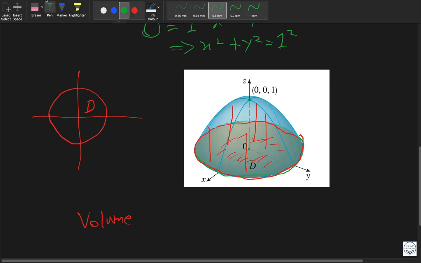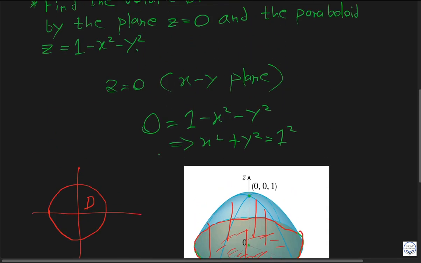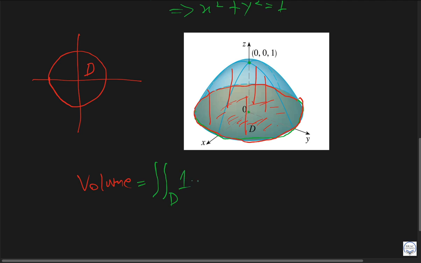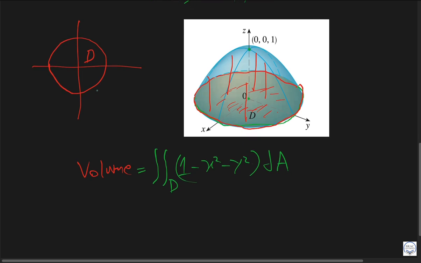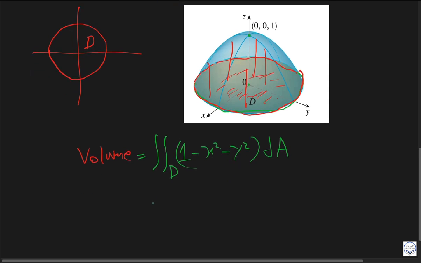The volume over the region D of the paraboloid, which has the equation z equals 1 minus x squared minus y squared, times dA. Now again, since we have a circular domain, we can use polar coordinates to help us, because then our integration will be a lot simpler.